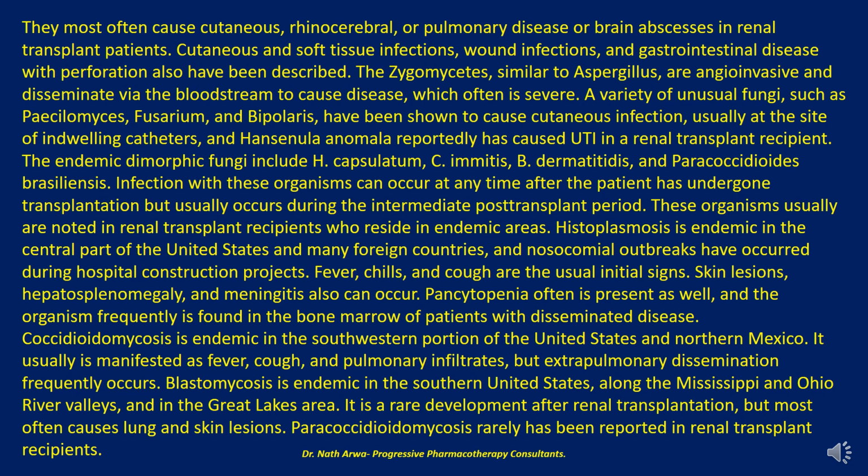Coccidioidomycosis is endemic in the southwestern portion of the United States and northern Mexico. It usually is manifested as fever, cough, and pulmonary infiltrates, but extrapulmonary dissemination frequently occurs. Blastomycosis is endemic in the southern United States, along the Mississippi and Ohio River valleys, and in the Great Lakes area.